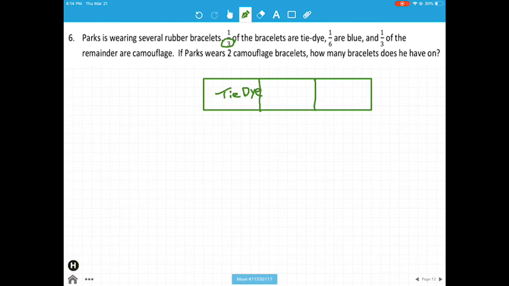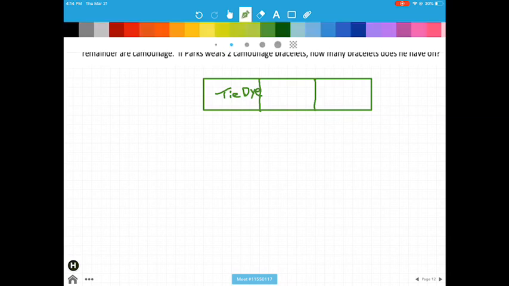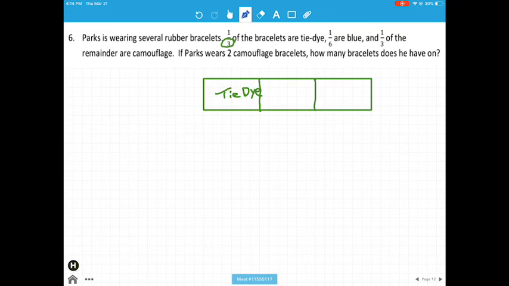Okay, now here we're getting thrown an extra problem. It says 1/6. So guess what? We have to divide these into 6. Doesn't really affect the tie-dyes, but it will help us understand that 1/6 are blue.